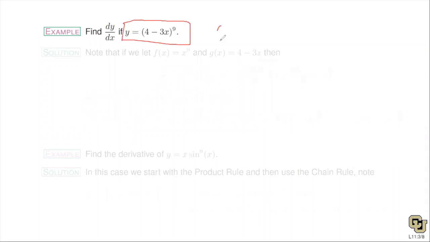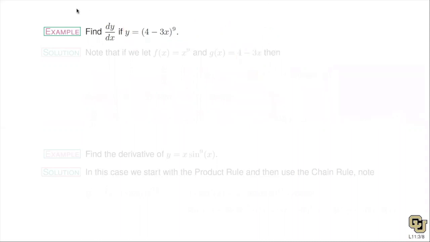We took the function of being raised to the 9th power and put 4 minus 3x inside that function. The outside function is blah raised to the 9th power, and the inside function is 4 minus 3x.